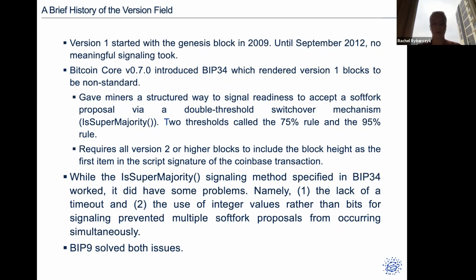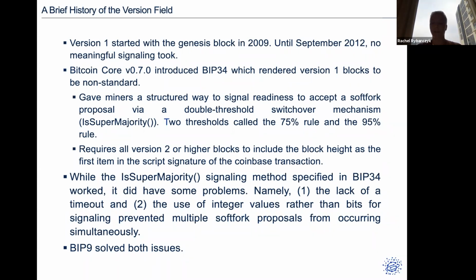The first, once a new proposal is active, when blocks are coming in, if 750 of the last 1,000 blocks have signaled readiness to upgrade, then any blocks that are coming in as version 2 but don't comply with the version 2 standard or the soft fork proposal, those are unaccepted.